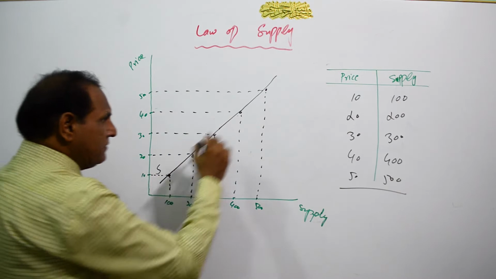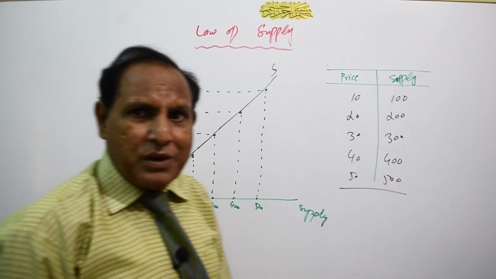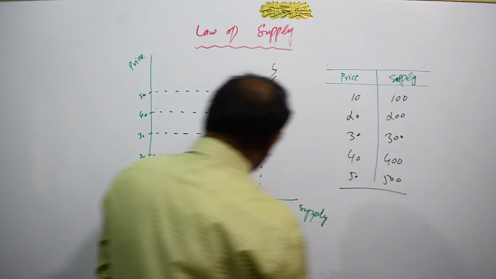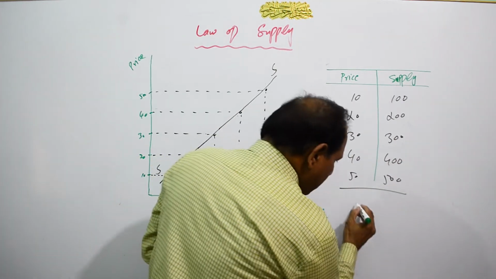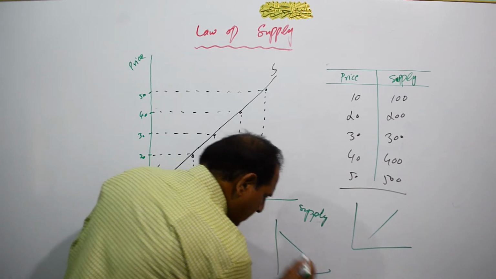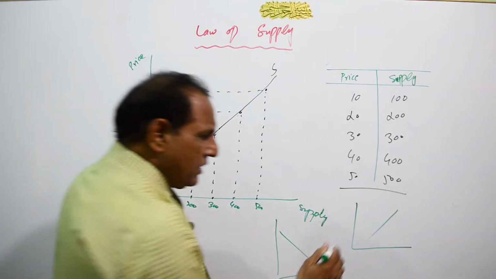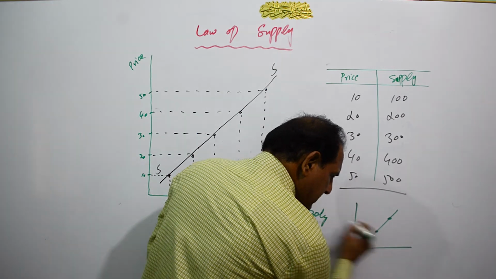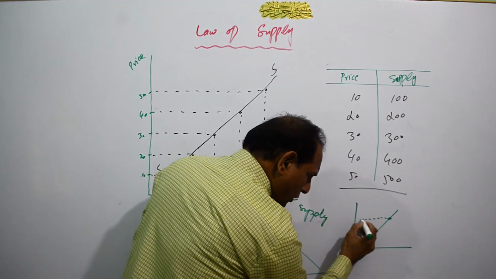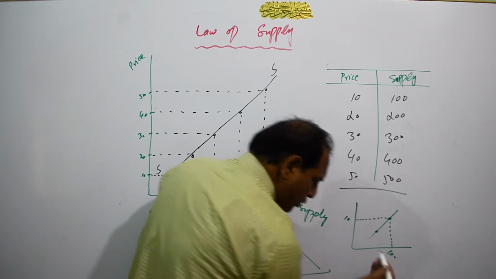This line, this straight line, is known as the supply curve. You must see the shape of the supply curve. The shape of the supply curve is like this, but the shape of the demand curve was like that. There are 2 points I will consider. At this point, the price of the good is 10 rupees suppose, and the supply for that good is 100 suppose.